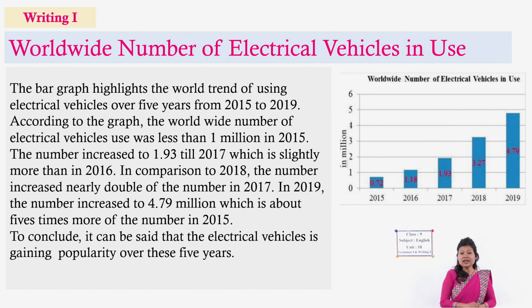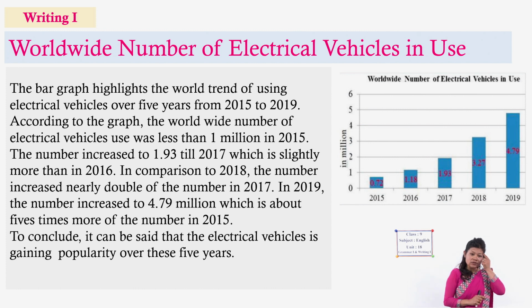The bar graph highlights the world trend of using electrical vehicles over 5 years from 2015 to 2019, isn't it? Look here, the bars are spread between 2015 to 2019, from 15 to 19, yes. So first line is for introducing the bar graph.